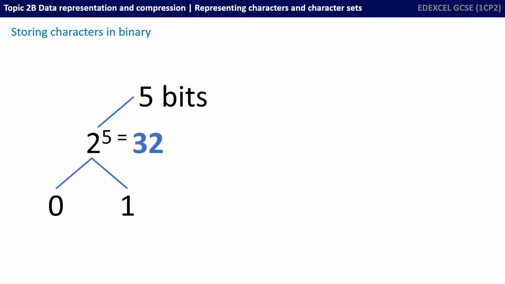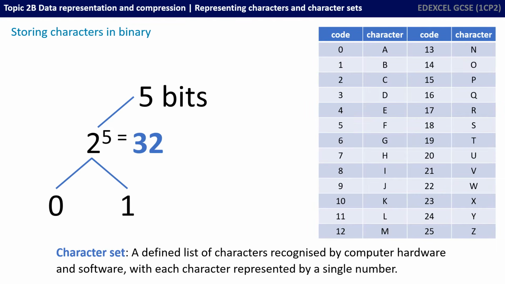This means the number of unique binary combinations for 5 bits is 32, as each character must have its own unique code. This determines the number of bits needed to store all the characters in a set. We call this a character set, a defined list of characters recognised by the computer hardware and software, and each character represented by a number.